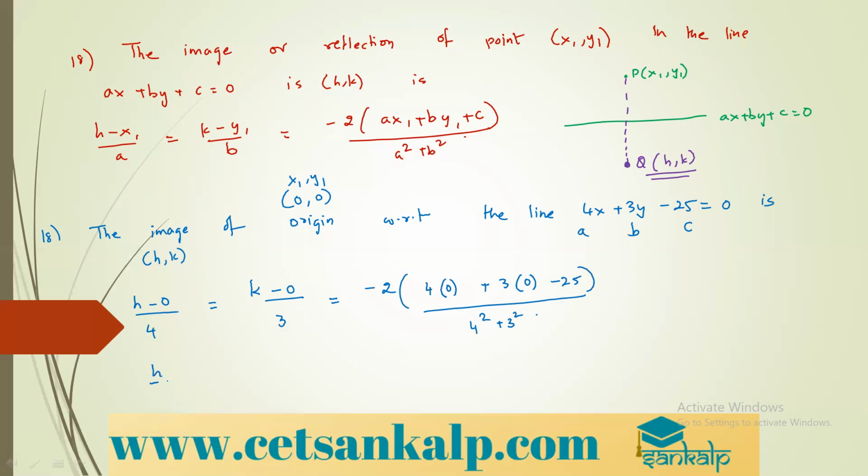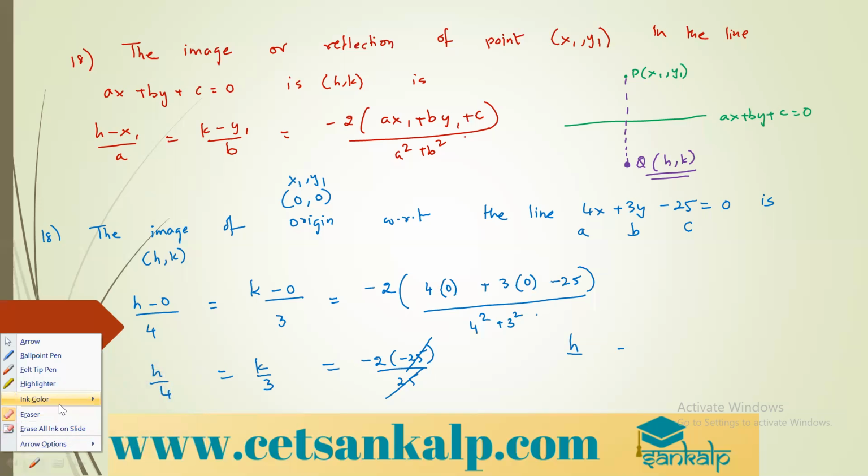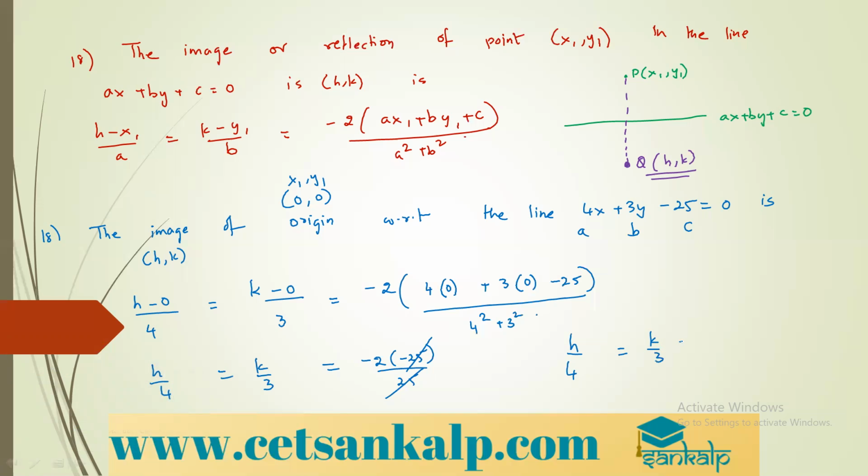On simplifying, we get h by 4 equal to k by 3 equal to minus 2 into minus 25 by 25, so h by 4 equal to k by 3 equal to plus 2. Or I can take h as 8, k as 6. That means the image is 8 comma 6. That's the answer.